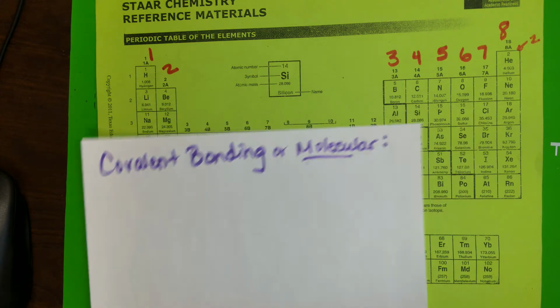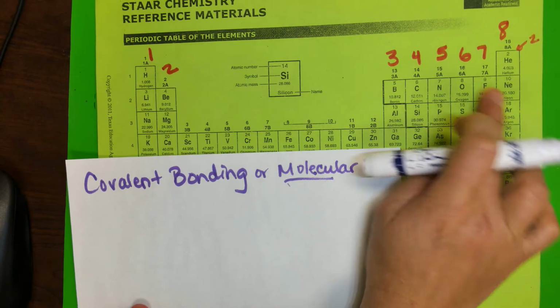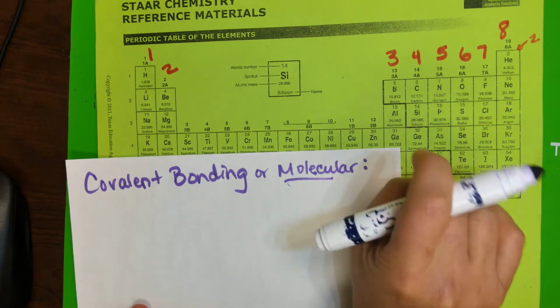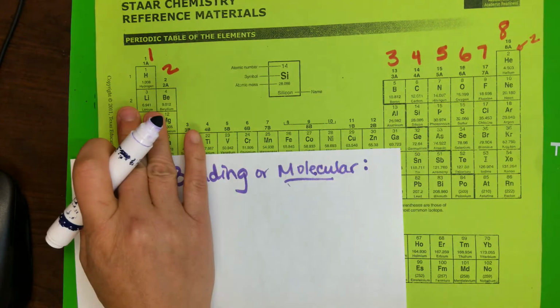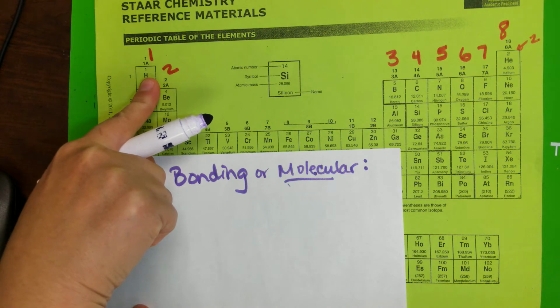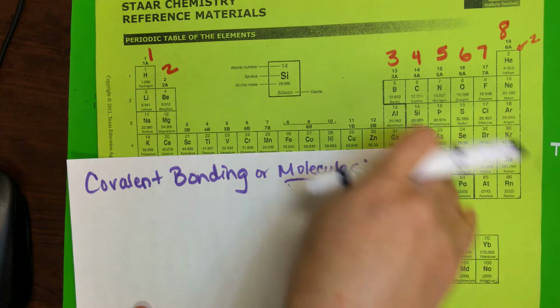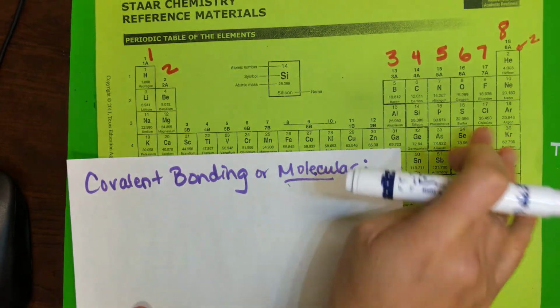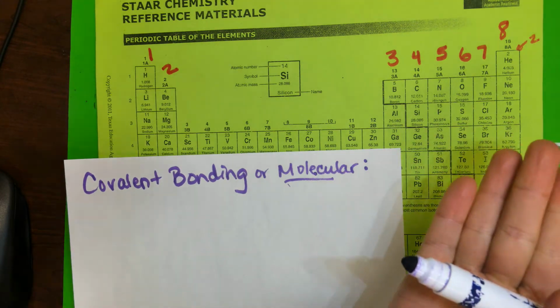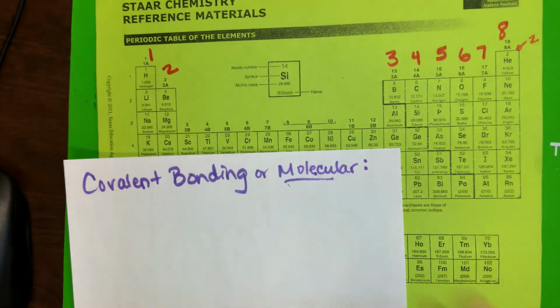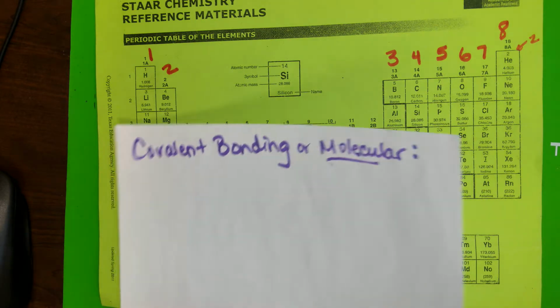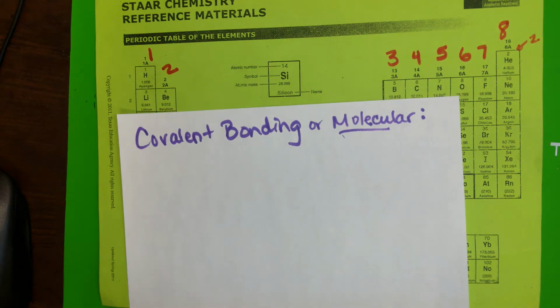All your non-metals are on this side of the table. The only non-metal on the left side is hydrogen. So it's hydrogen and all these. These non-metals are just bonding with another non-metal.